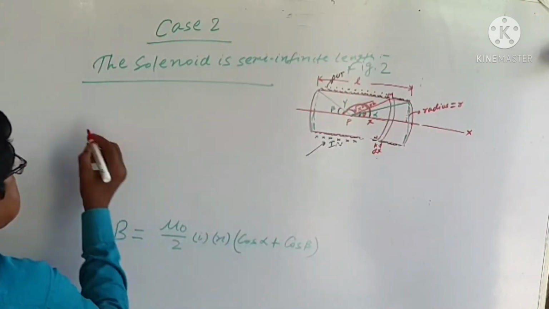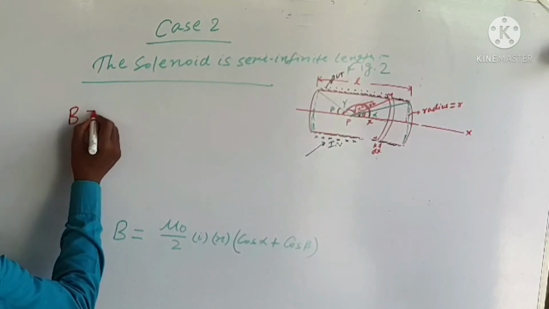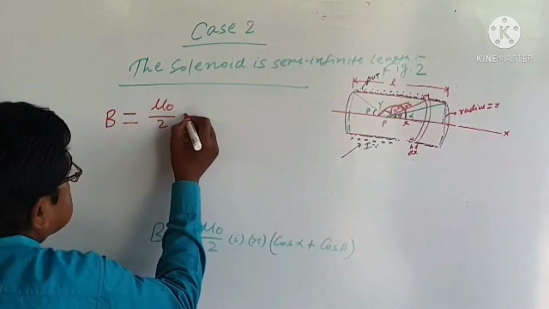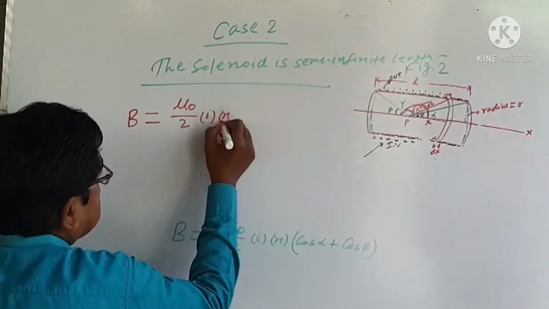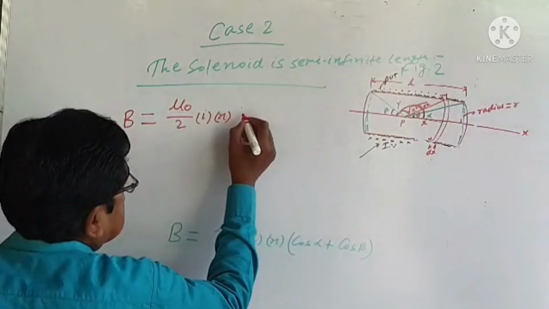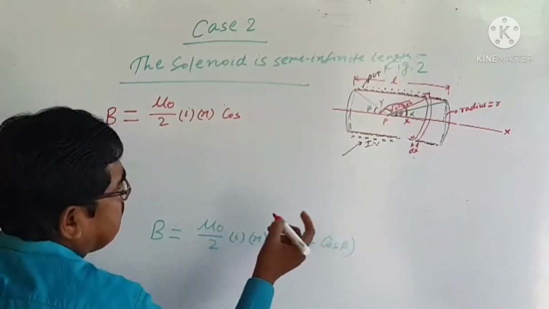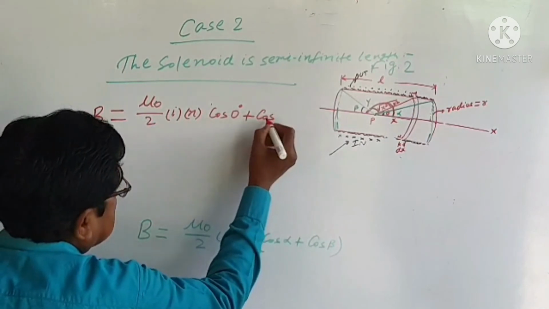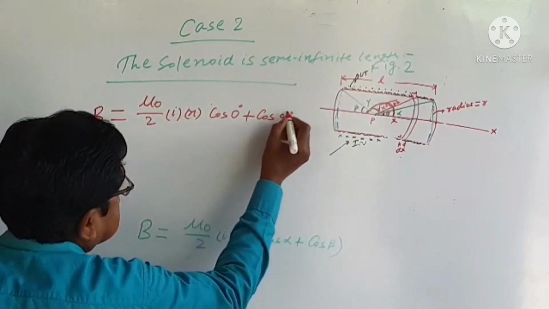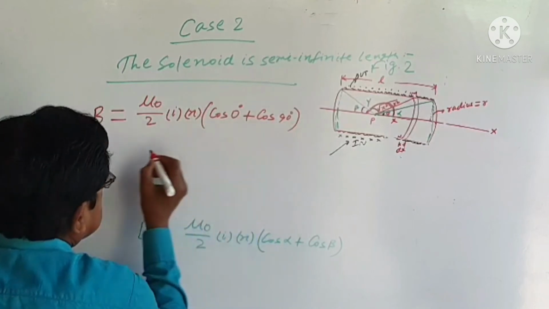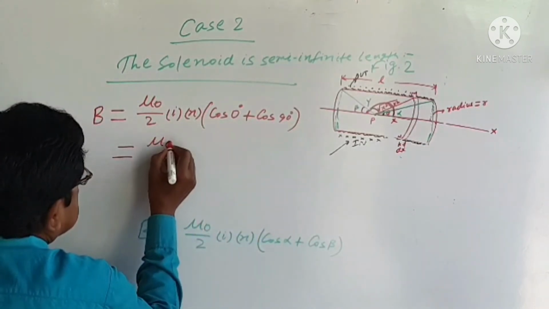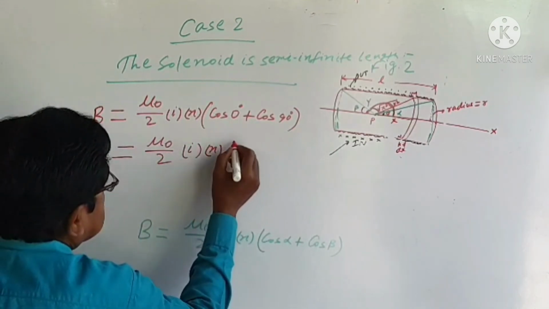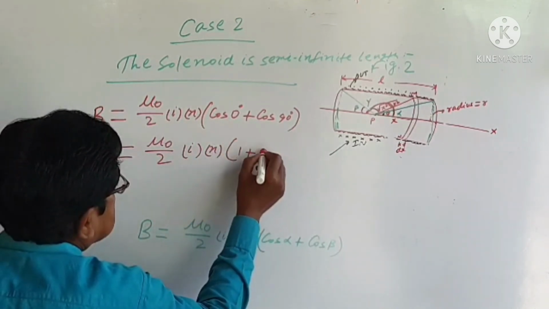B is equal to mu naught upon 2 I n, cosine of alpha, this is 0, plus cosine of 90, which is equal to mu naught over 2 I n times (1 plus 0).